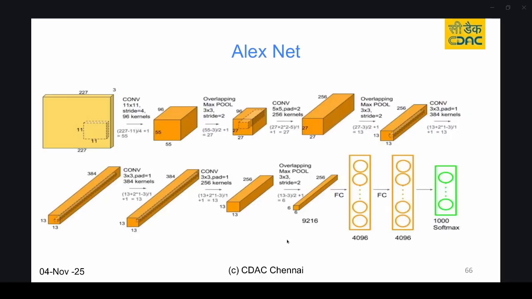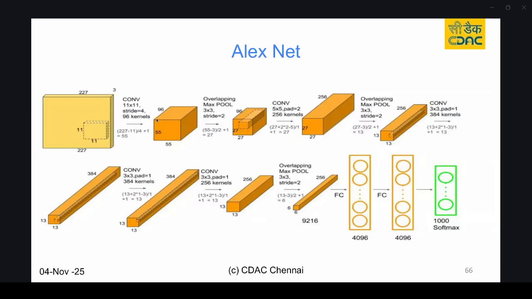So as I said, AlexNet was a first neural network. This is the architecture of AlexNet, where the input image is 227 cross 227 cross 3, and the kernel, the weight matrix size, is 11 cross 11, and they have used a stride of 4. So not only one matrix, they have used 96 such 11 cross 11 matrices.